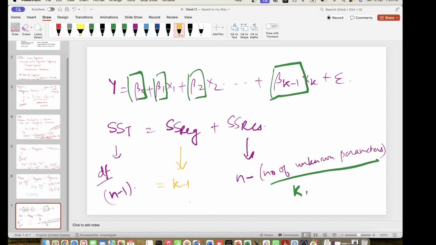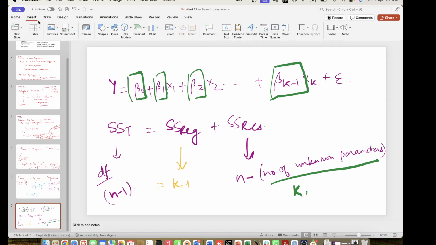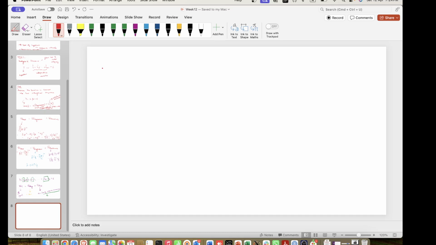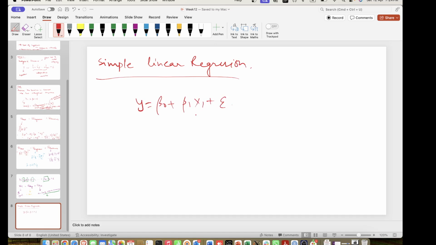So this can also be translated to a simple linear regression. So in case of a simple linear regression, we have y equal to beta naught plus beta 1 x1 plus epsilon, something like this.